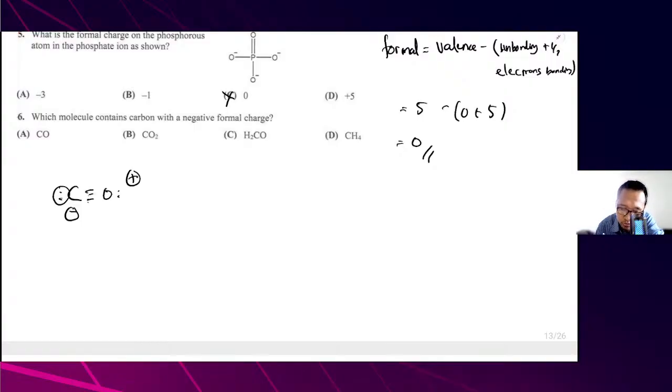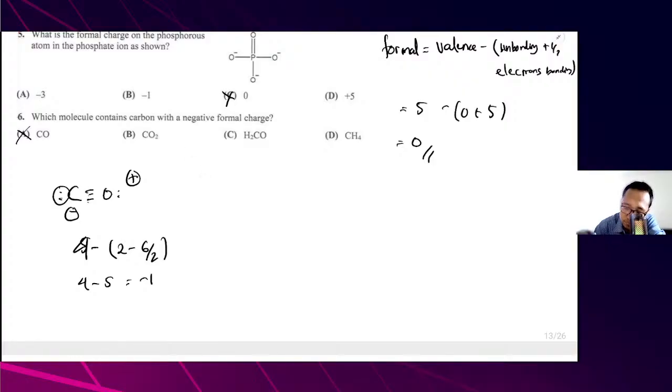So now the valence is 4 minus nonbonding 2. How many bonding here? 1, 2, 3, 4, 5, 6. Six halved is 3, so 4 minus 2 minus 3, that's minus 1. So the answer will be A. Yeah, that's good. The answer will be A.